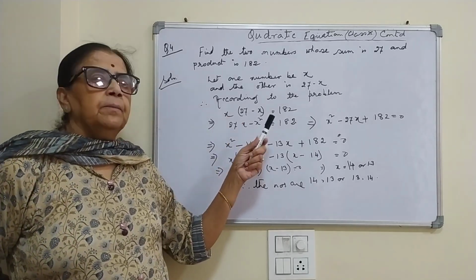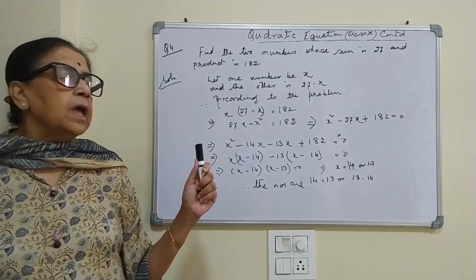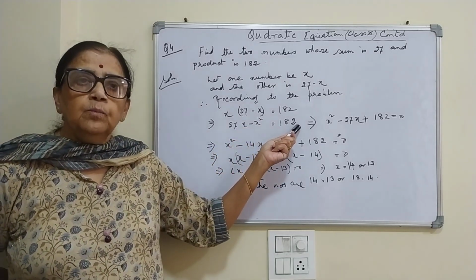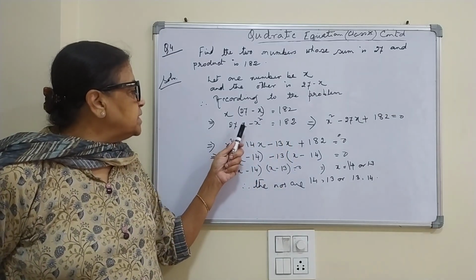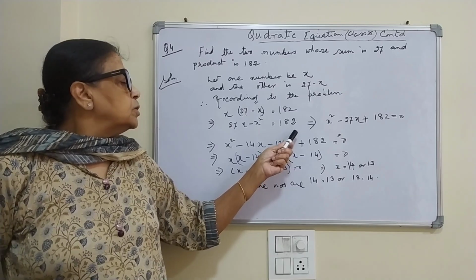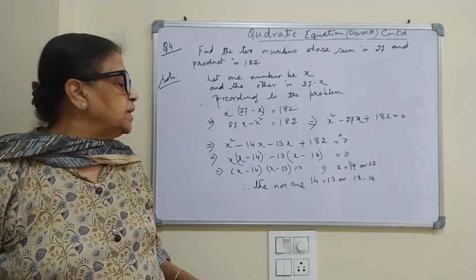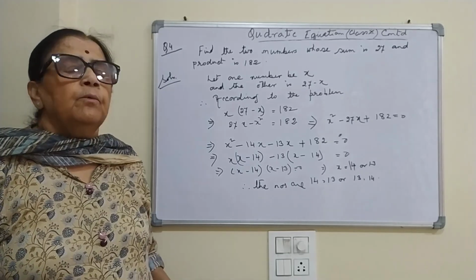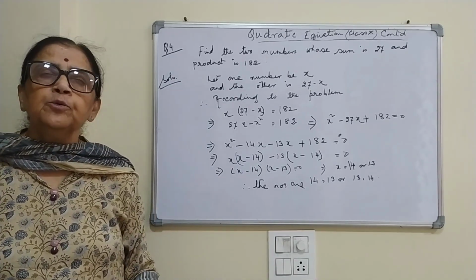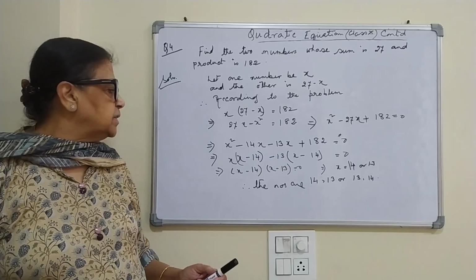According to the problem, the product is 182, that is x into 27 minus x is 182. So 27x minus x square is equal to 182. So it is x square minus 27x plus 182 is equal to 0. When I split the middle term, 13 into 14 is 182.